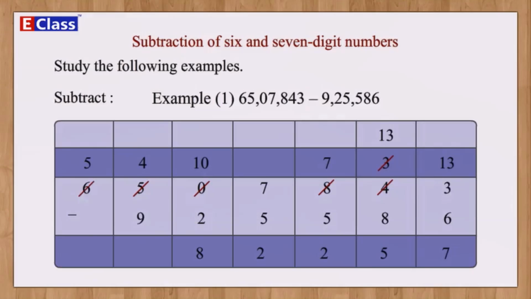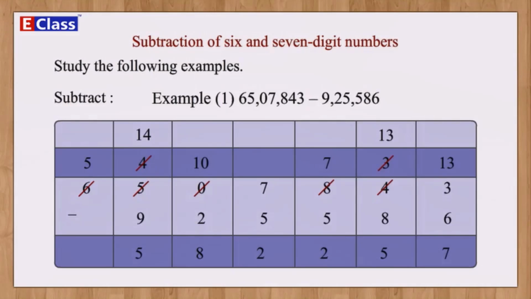Now, 5 10 lakhs remain at the 10 lakhs place, and after untying that borrowed 1 10 lakh as 10 lakhs and adding it into the 4 lakhs of lakhs place, we get 14 lakhs at lakhs place. Now, we shall subtract 9 lakhs from 14 lakhs. 9 lakhs subtracted from 14 lakhs, we get the remainder as 5 lakhs.